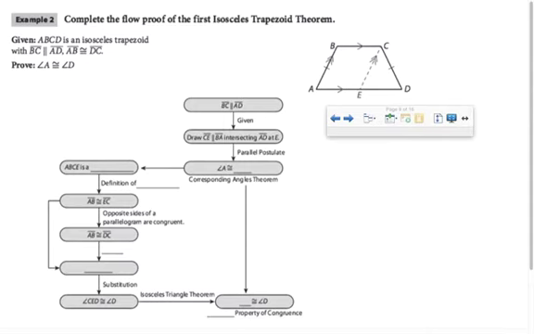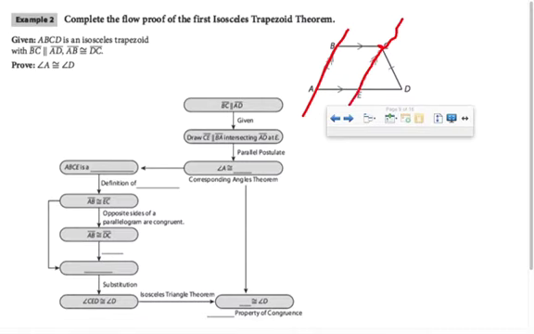Remember that the parallel postulate says if I have a given line, in this instance it's AB, and I have a point, in this case it's C, there's exactly one line passing through that point that's parallel to my given line. So we drew it.